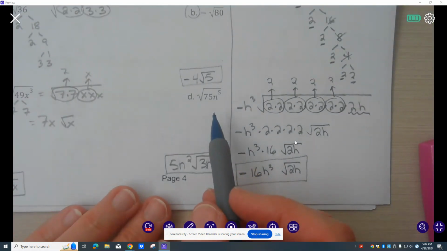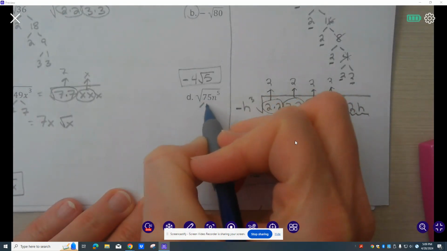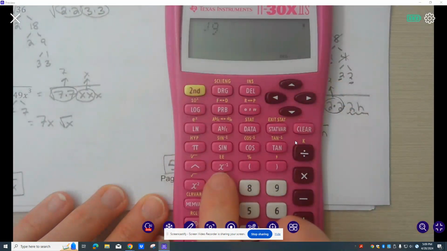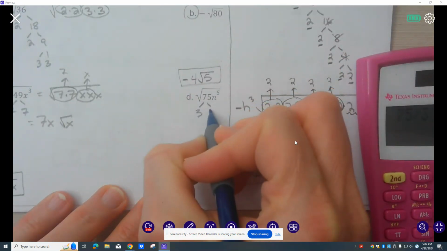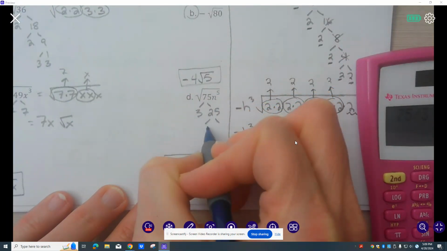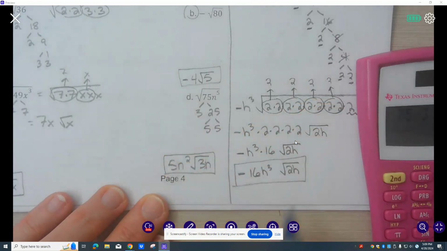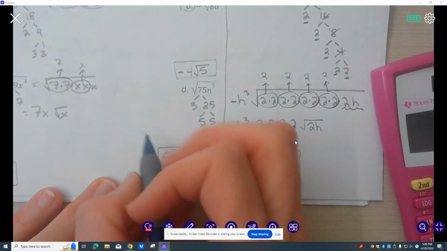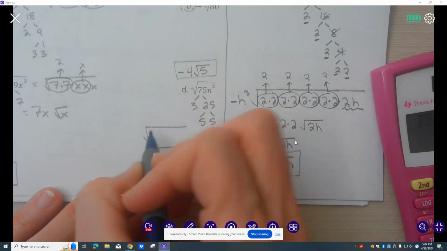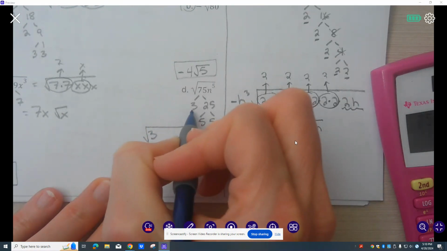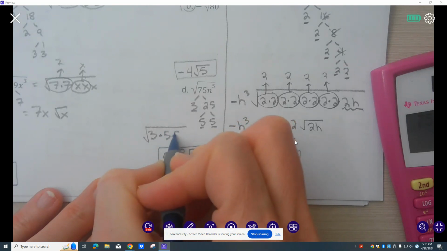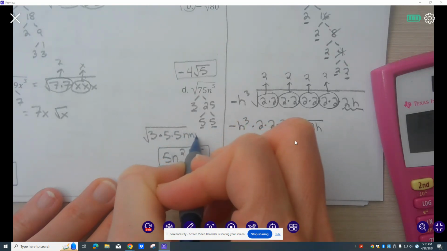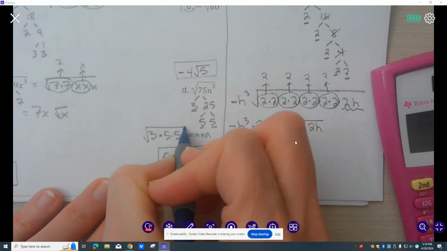And then 75, you probably discovered that 3 goes into 75. It's 3 times 25. And then 5 times 5. And 5 n's. So then if you did a jailbreak on 3, those are my prime numbers, 3 times 5 times 5, and 1, 2, 3, 4, 5 n's.